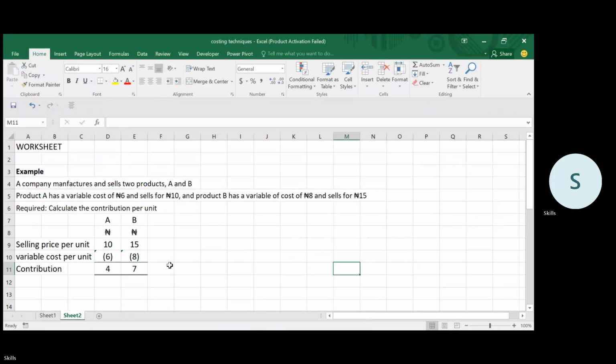Check: total sales is 10 plus 15, which is 25, and total variable cost is 6 plus 8, which is 14, so 25 minus 14 is 11.